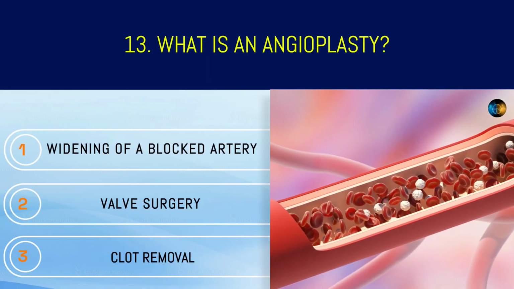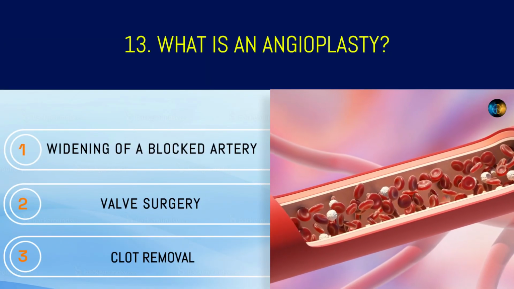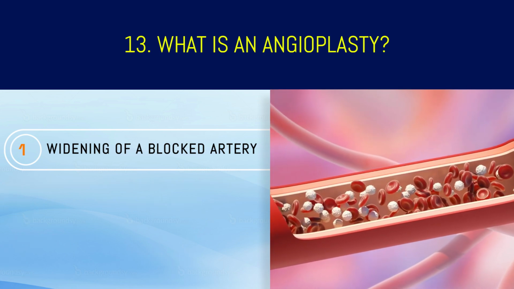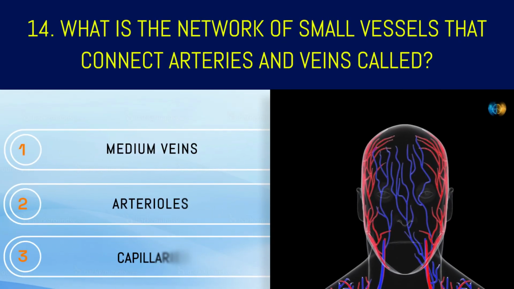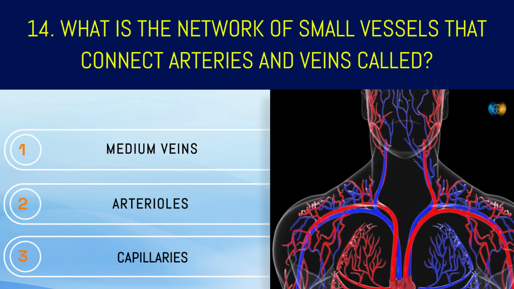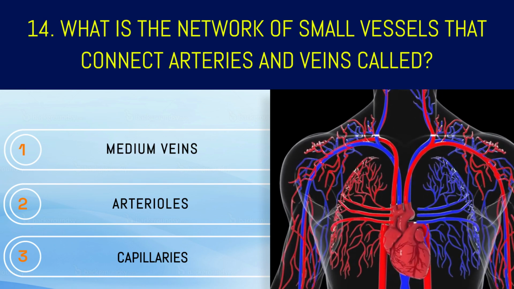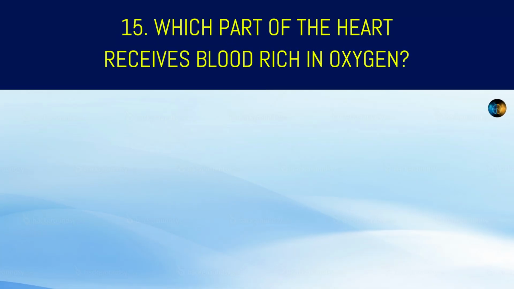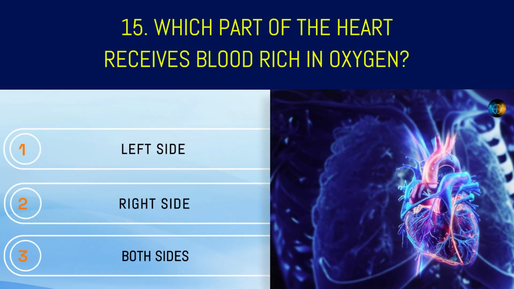Widening of a blocked artery, valve surgery, or clot removal? Widening of a blocked artery. What is the network of small vessels that connect arteries and veins called? Medium veins, arterioles, or capillaries? Capillaries.